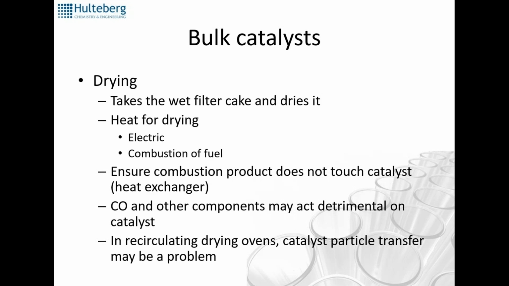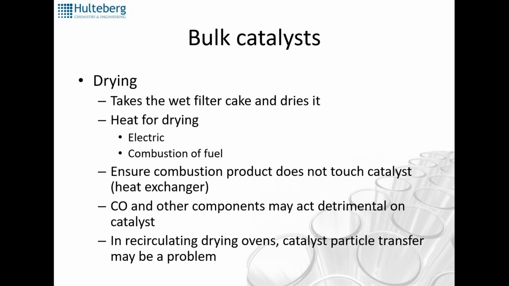And here, if you do use natural gas to dry your material, it's important to make sure that you have no direct firing, so that there's no direct interaction between the catalyst and the flue gases from the combustion, because otherwise there might be CO, there might be small amounts of sulfur. The odorant in the natural gas may form sulfur components that will end up in your catalyst and potentially deactivate it.